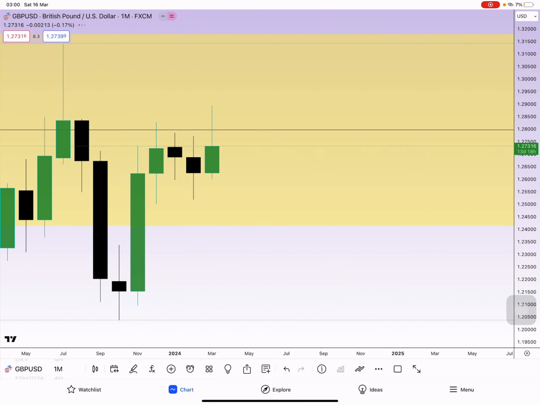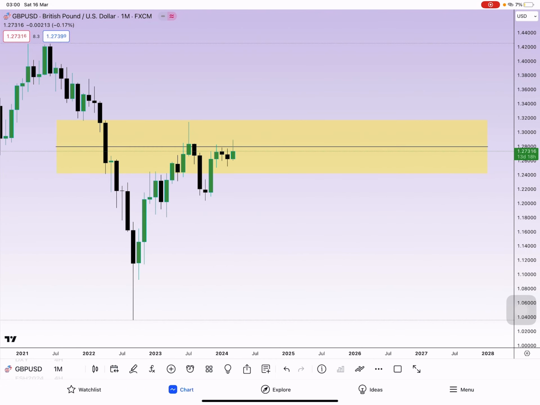So let's go on the 1 month chart. As we can see, the bodies and the candles are still respecting this area, staying around it and accepting it as their equilibrium.